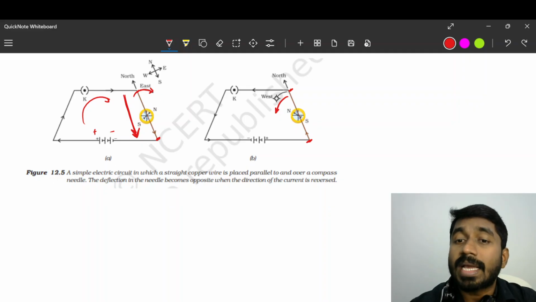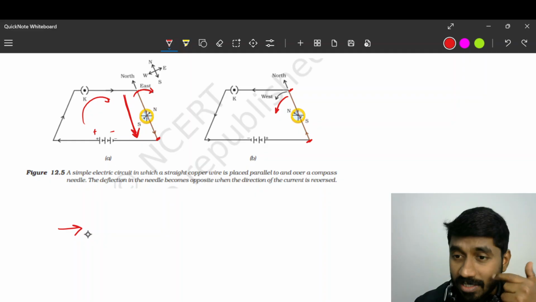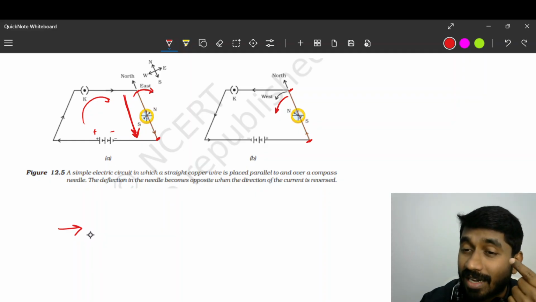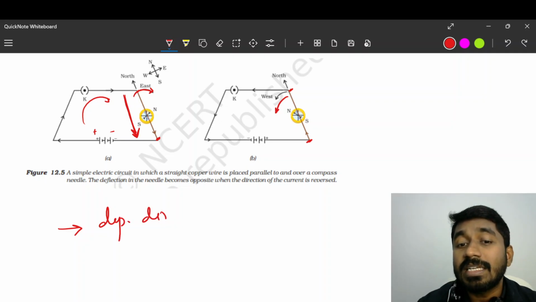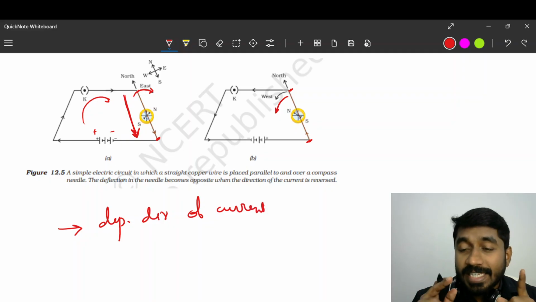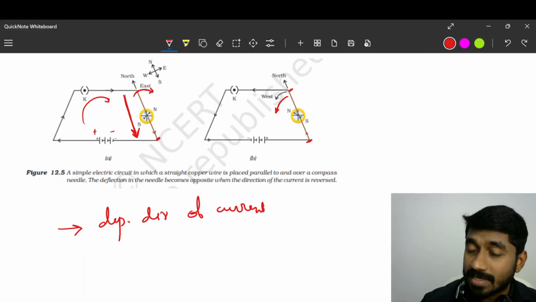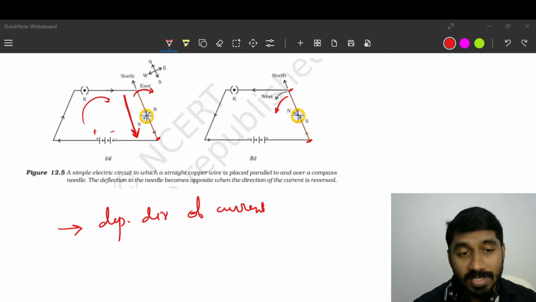In the second case, the magnetic needle deflected towards the west. And here I concluded that the direction of a magnetic field around a current carrying conductor depends on the direction of current. Clear everyone? So when the direction of current reverses, the magnetic field around the conductor also reverses.